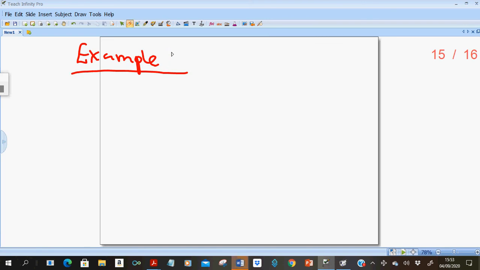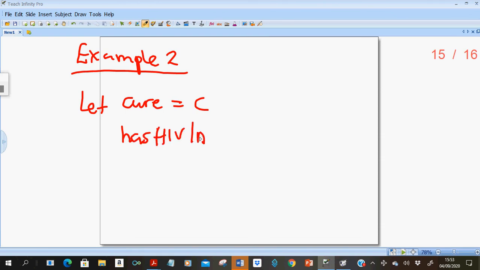In this example, let C be the event that a person is cured, and the event that a person has HIV/AIDS be represented by H. Not cured will be represented by C bar, putting a bar on top there.